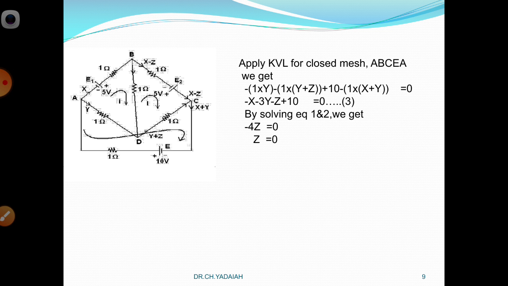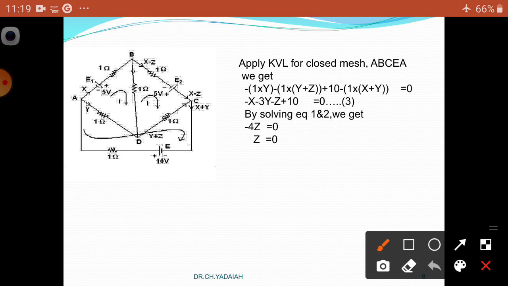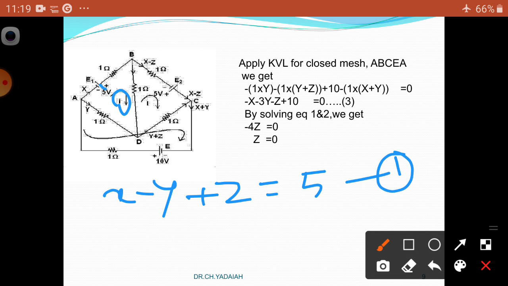We took the first loop, that is called the A, B, D, A loop. From this loop, we are going to get one equation. That equation is x minus y plus z is equal to 5. That is the first equation from the first loop.